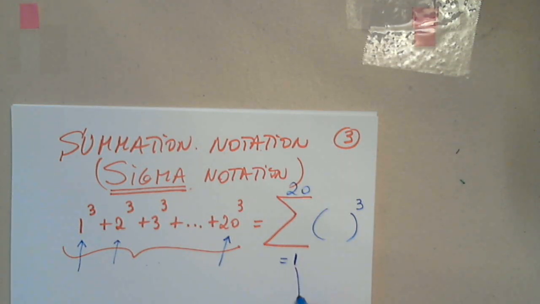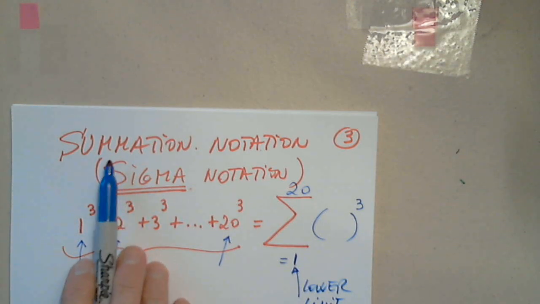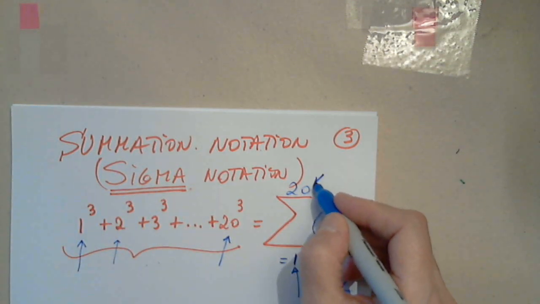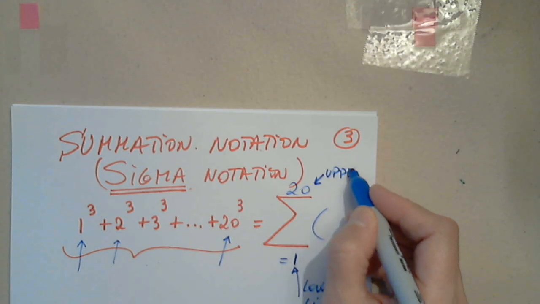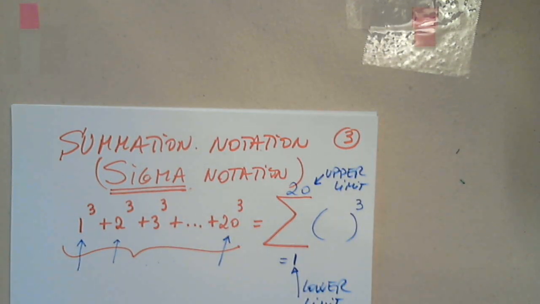So first of all, let's identify this number, which is called the lower limit of the sigma or summation notation. Obviously, this will be the upper limit of the summation notation.